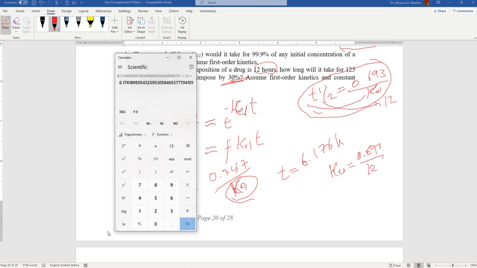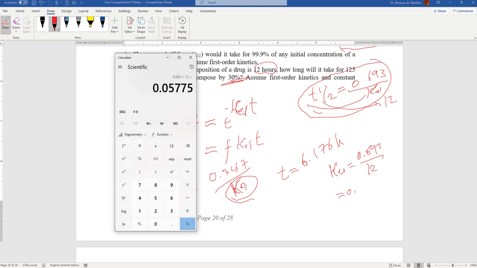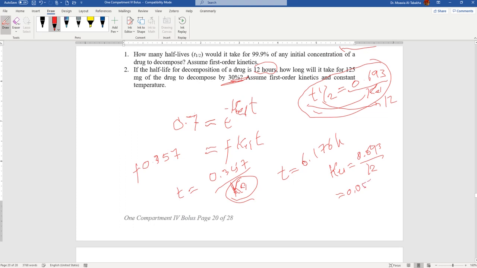So this is the other way. 0.693 divided by 12 hours equals, okay, so you have KL equaling 0.05775. طبعا the unit, don't forget it, is hour to the power of -1 لأنه الهاف لايف بالhour. طيب, now use it here.